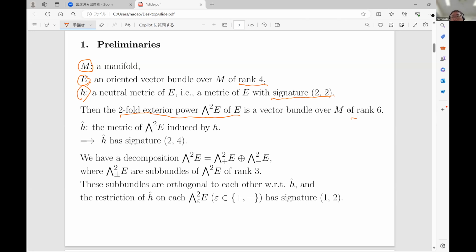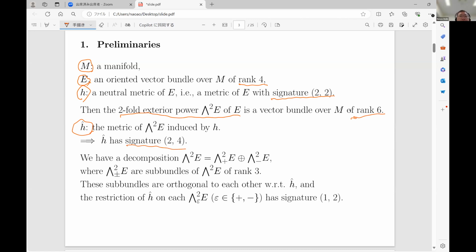Let H hat be the metric of the twofold exterior power induced by H. Then H hat has signature (2,4).